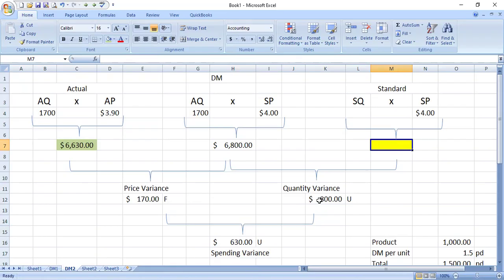If I eliminate this number here, would you be able to give me the standard quantity? Which numbers do we get to see? Only the numbers on the screen. So you have all the rest of the numbers. Would you be able to give me the standard quantity?